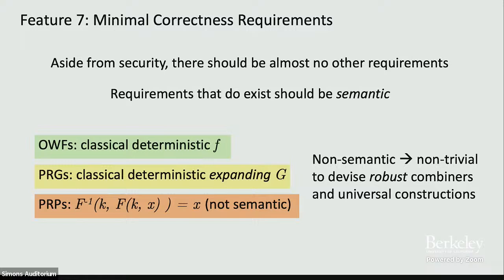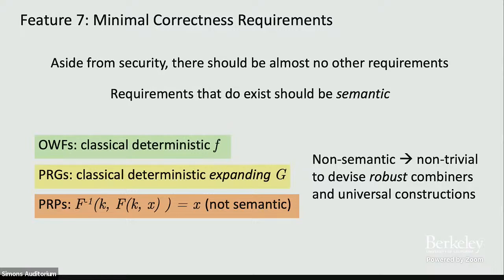Whereas for one-way functions, there's really nothing. We require a deterministic procedure. That's basically it. Classical deterministic procedure. PRGs basically require nothing, except we do need the function to be expanding. So there's a little tiny requirement. But pseudorandom permutations have a pretty strong correctness requirement.